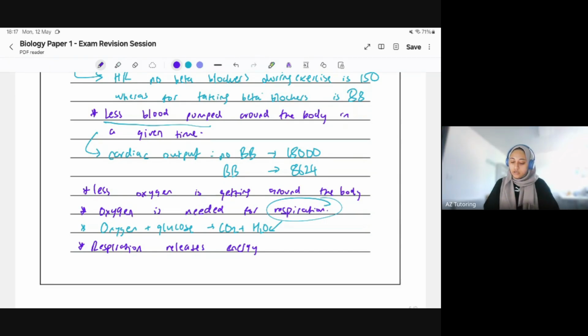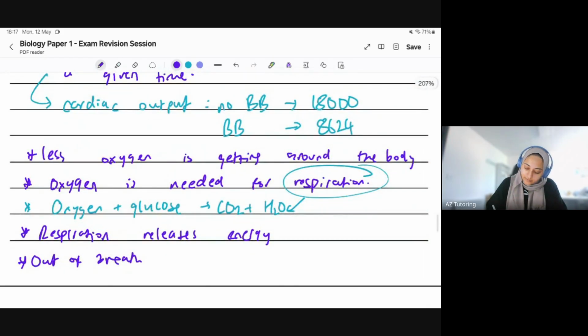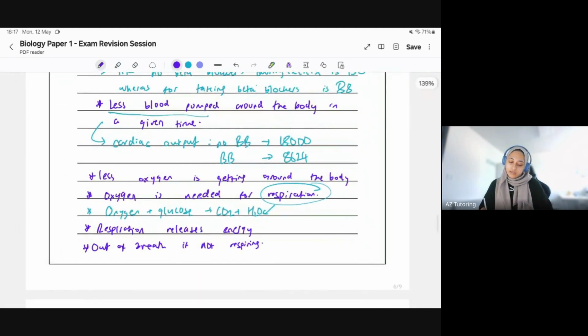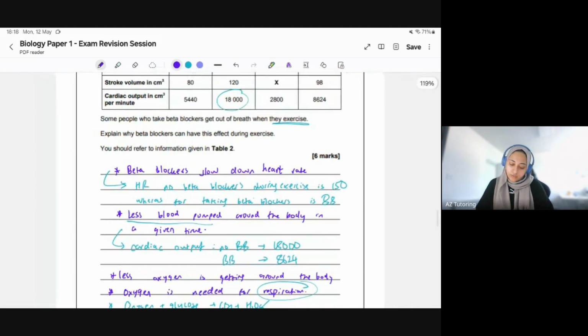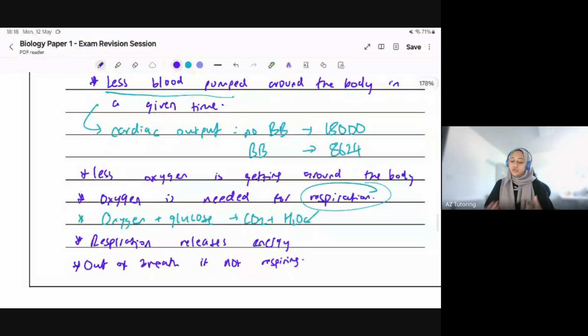Now, if you're not releasing energy, then you're going to get out of breath quickly. Out of breath if not respiring. And we've explained it. So why does it have this effect when they exercise? You're getting out of breath because you're not respiring, because you're not releasing energy.